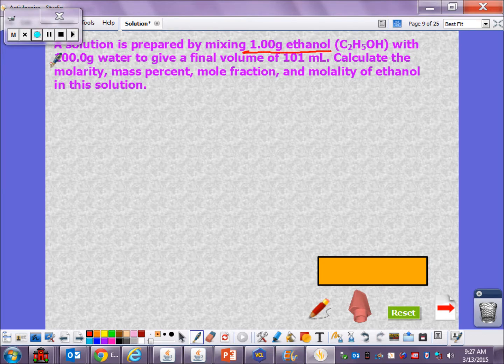It says here a solution is prepared by mixing 1 gram of ethanol with 100 grams of water, to give a final volume of 101 milliliters. They ask to calculate the molarity, the percent by mass, the mole fraction, and the molality of ethanol in this solution. So let's practice all of them.